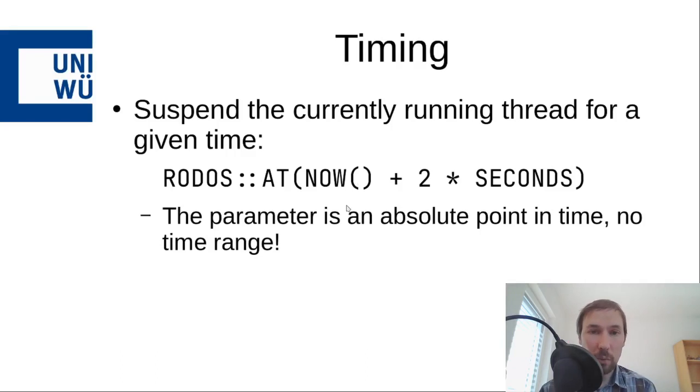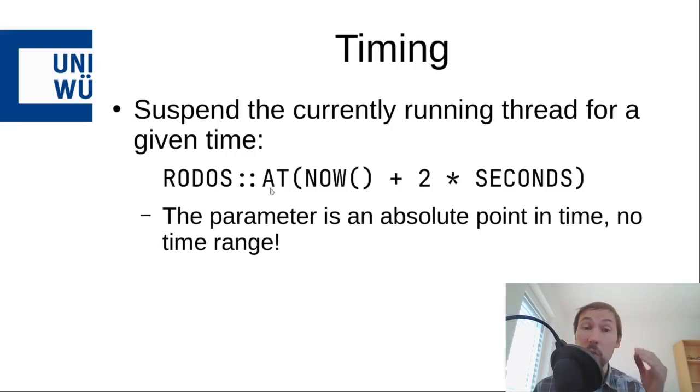So instead of saying I'm suspending for 2 seconds, you say I'm suspending until a given time point. In this case, we want to suspend for 2 seconds, and that means we just have to retrieve the current time and add 2 seconds there. That means the thread is suspended at this method until this time point is reached.